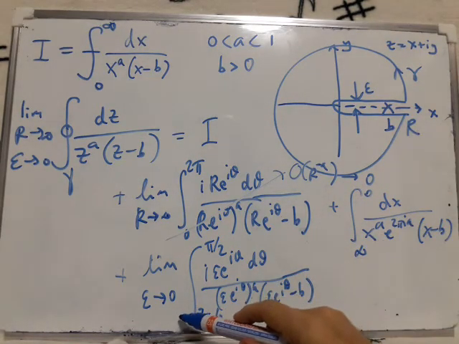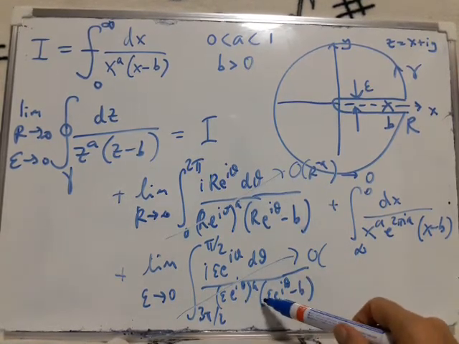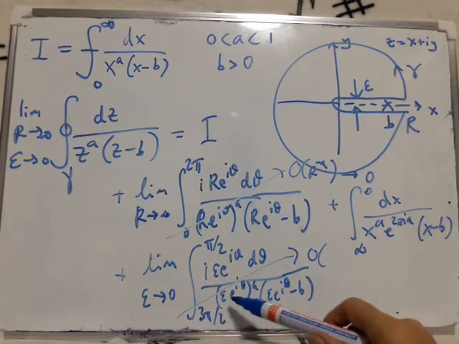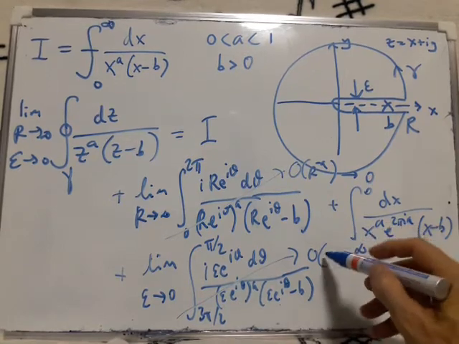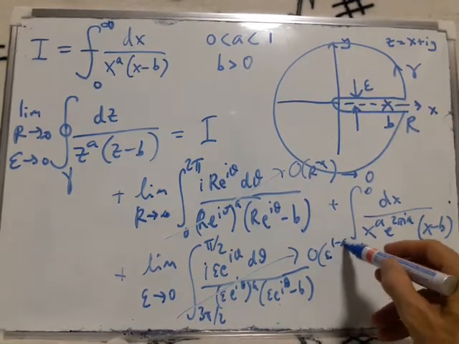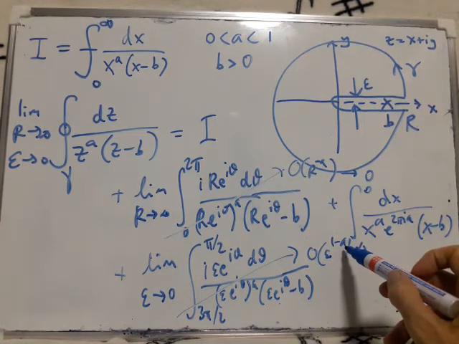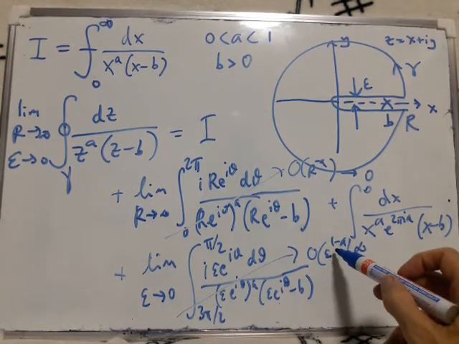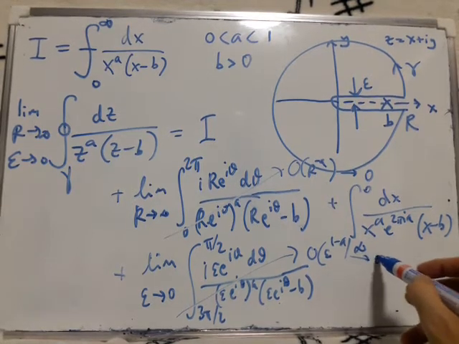So this will end up being of order, we just got b here, so we end up with epsilon to the power 1 minus a. So a is between 0 and 1, so this quantity here is between 0 and 1 as well, so we're fine. This will always tend to 0.